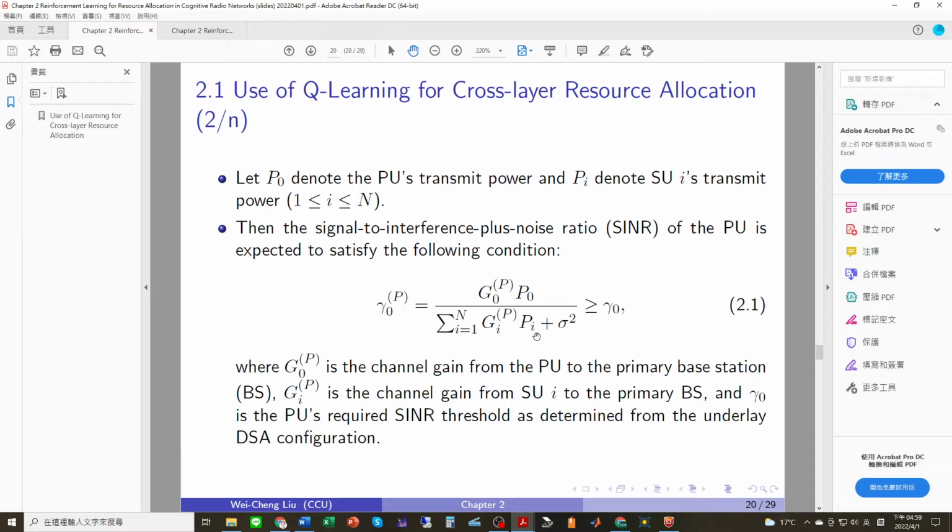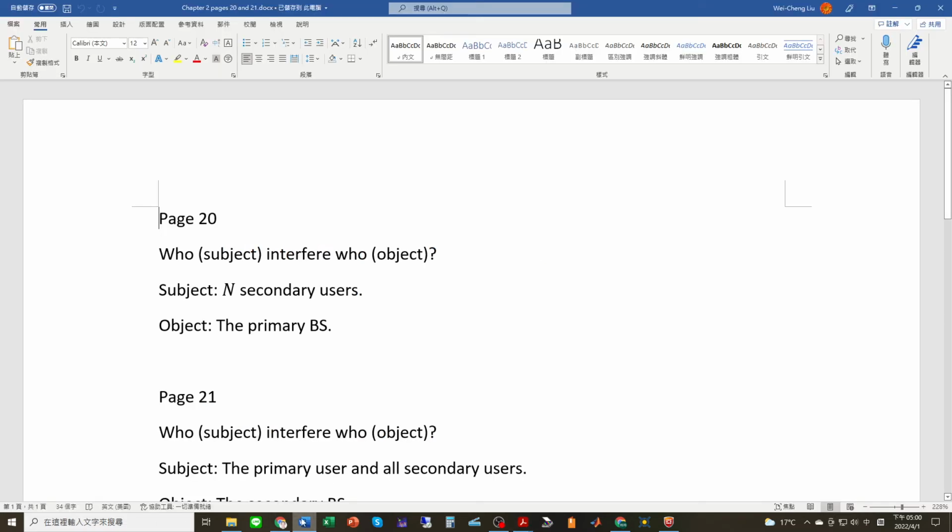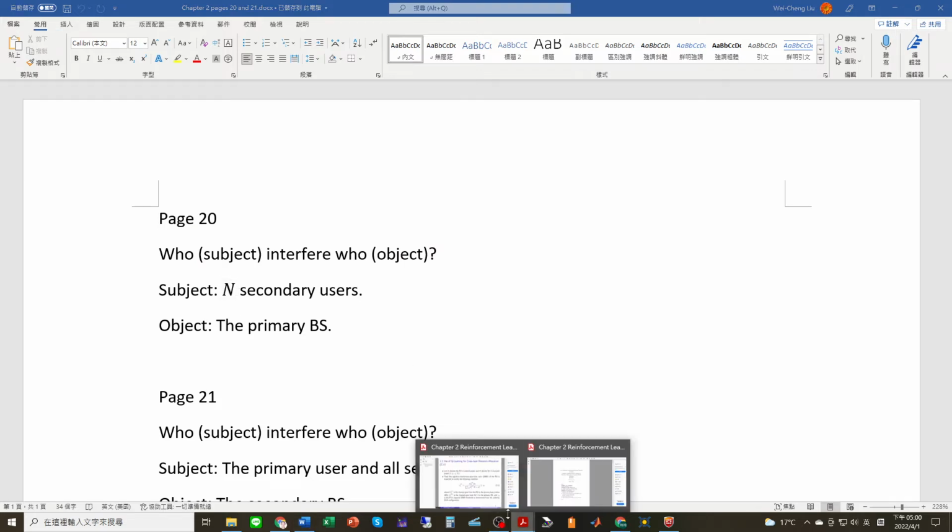The interference power comes from Pi, where Pi denotes secondary user I's transmit power, whereas I is equal to 1 to capital N. So we know that the subject is all secondary users, or you can say all N secondary users. This is very important.